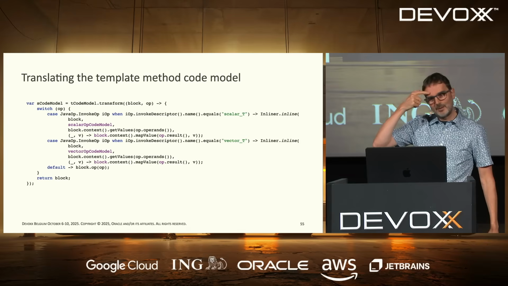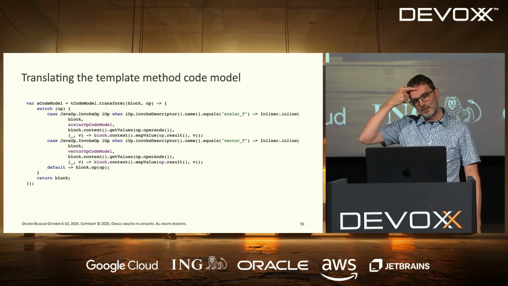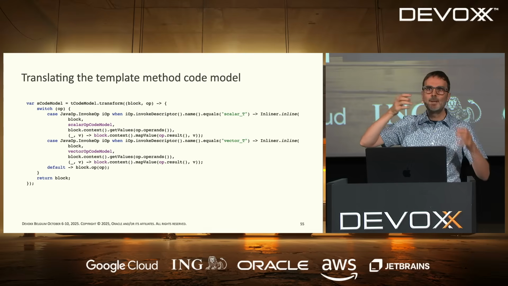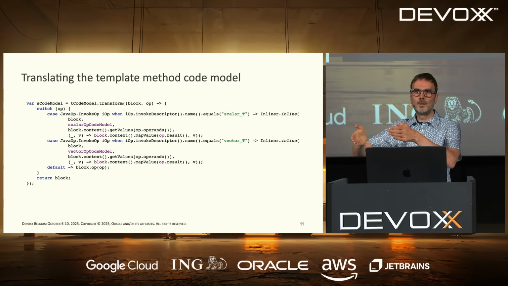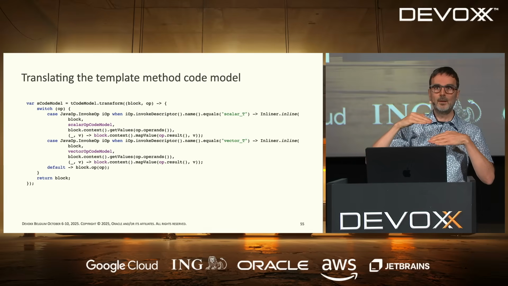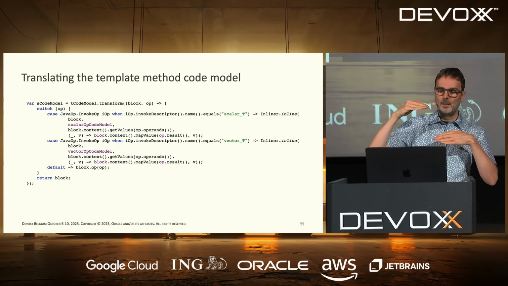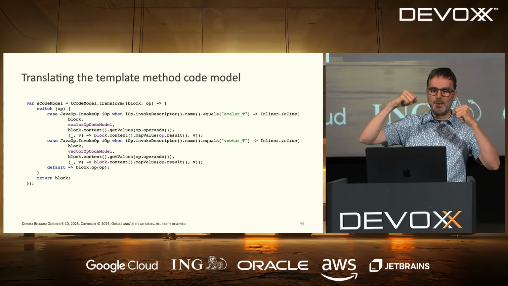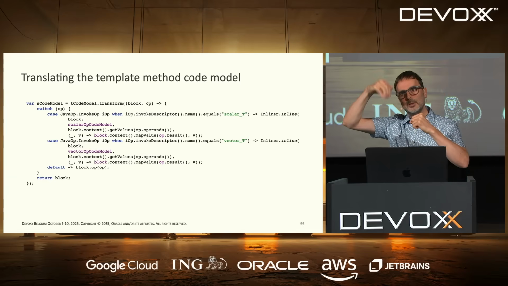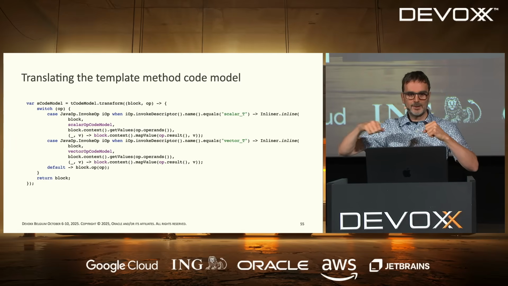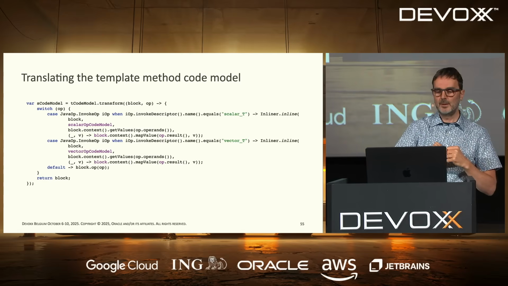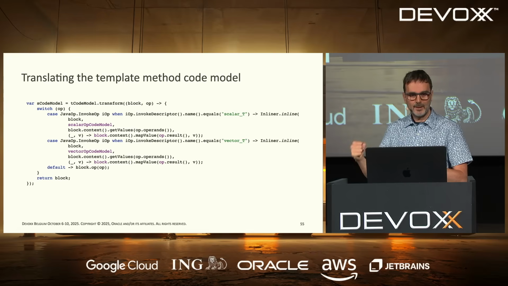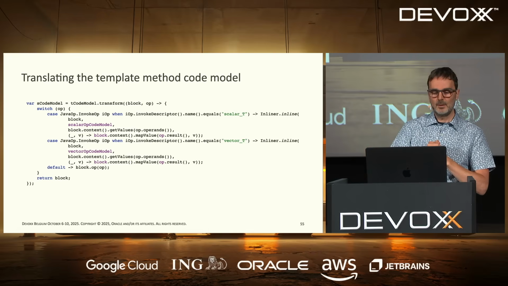So I don't expect you to understand too much of what's going on here, but this is real code I implemented to do this translation of the template. It's not a lot of code. What's going on here is we have a code model and we want to transform it. It's going to linearly go through all of the structure, and it's going to say, well, if I've got an invoke operation and the invoke operation descriptor is scalar t, please inline me the scalar opcode model.